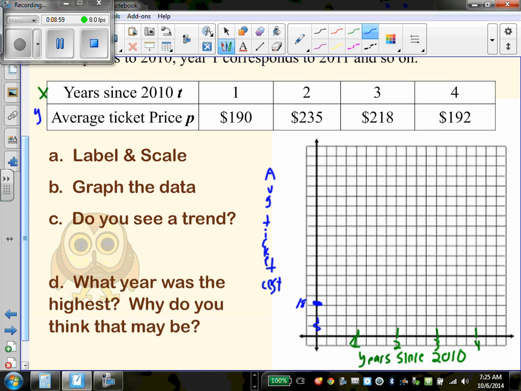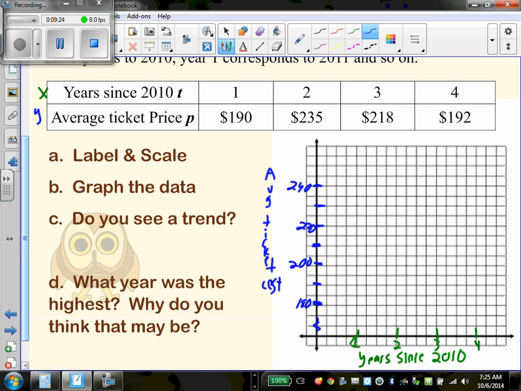Right there. Okay, so $180, and we're just going to say that every 2 boxes is 10. So this up here would be 200, 220, 240, and we could keep going, but we don't really need to.